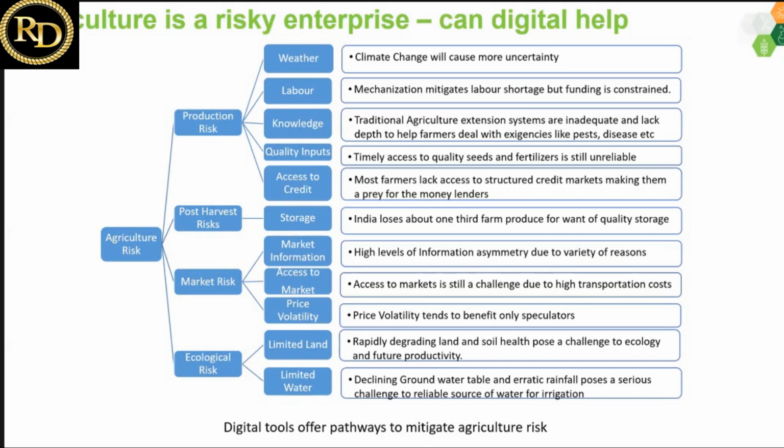The timely access to quality seeds, fertilizers, and pesticides is the biggest problem. When we say mechanization, we are using drones, but none of our pesticide companies are ready to supply formulations that can be used for spraying.